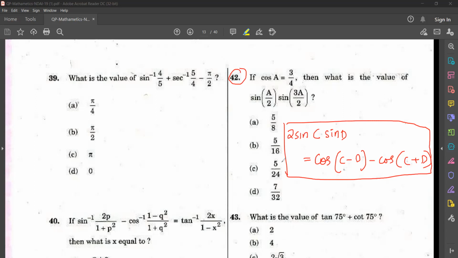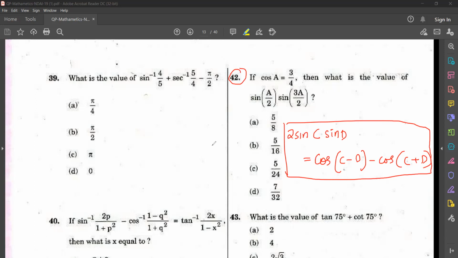Now listen, you have to learn by heart the set of formulas given in the trigonometry chapter. Then only you will be able to do this kind of question. So try applying that here.